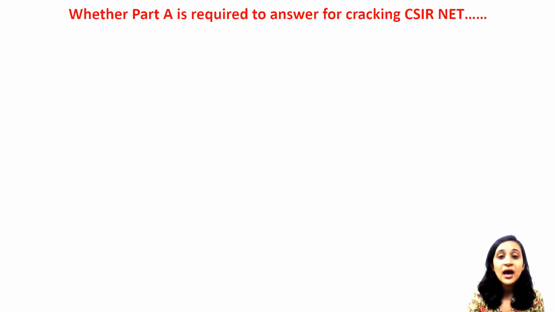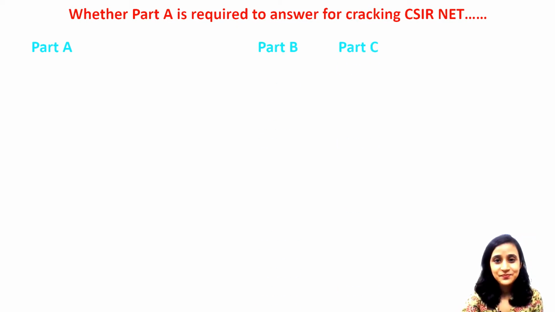So first thing I want to mention is whether Part A is required to answer for cracking CSIR NET. I hope you know that the CSIR NET question paper contains 3 sections: Part A, Part B and Part C. Part A basically does not have any syllabus.